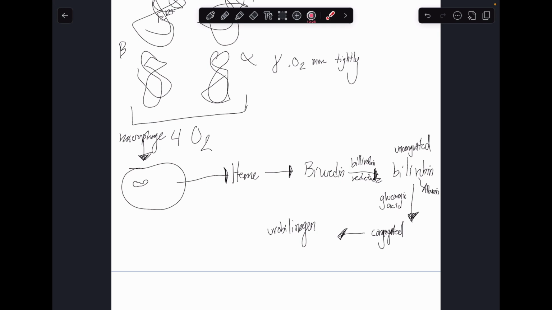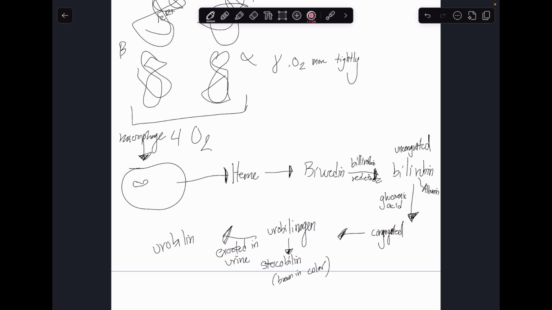So it gets conjugated, the glucuronic acid gets taken off of it, and then if that was to be eaten more by the bacteria, it'd be turned into stercobilin, which is brown in color. I think we all know where that's going to end up. Or it can also be excreted in the urine as urobilin, which is yellow.